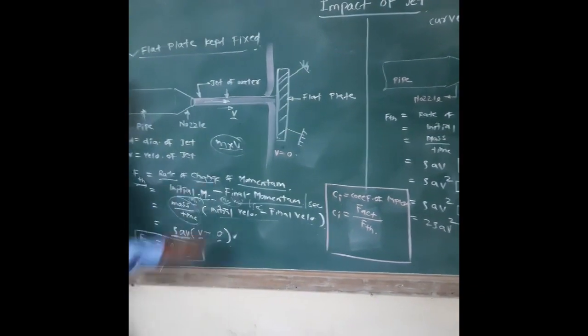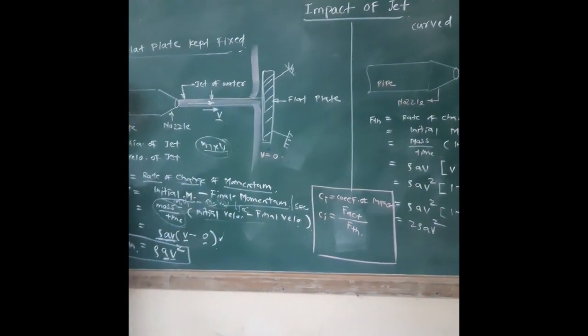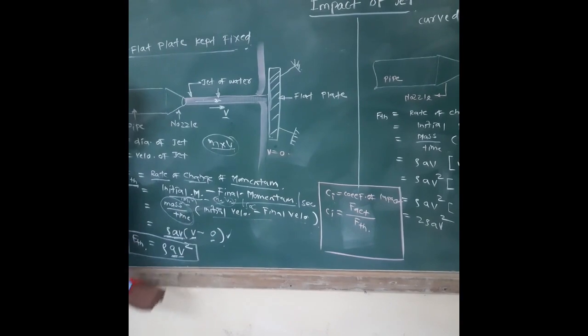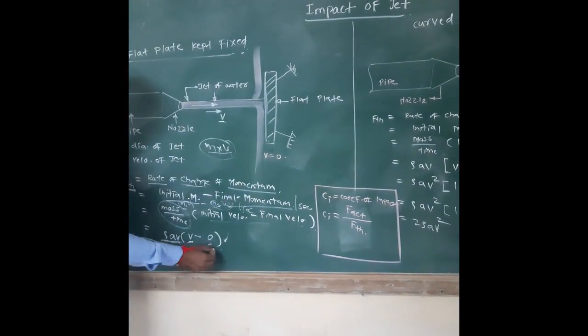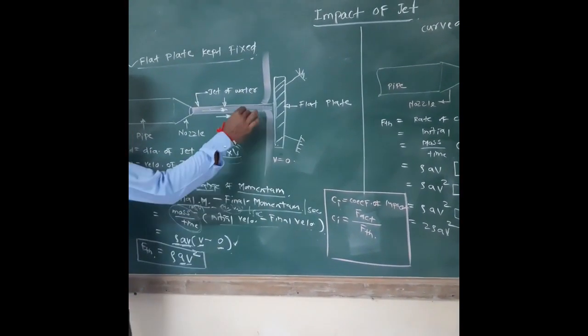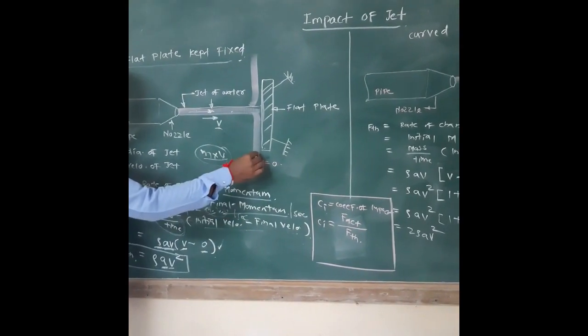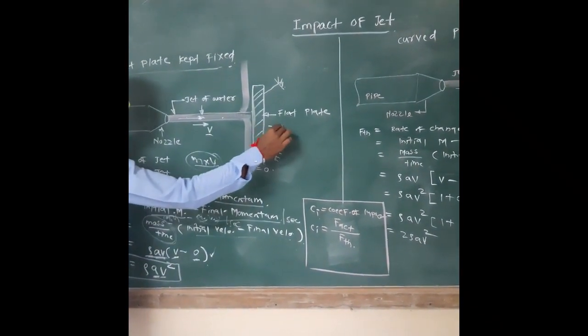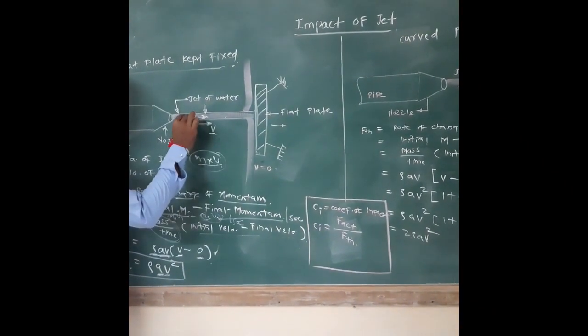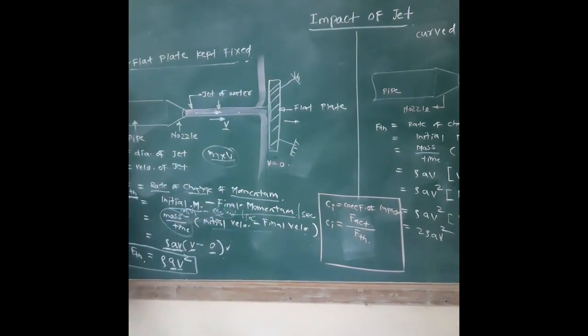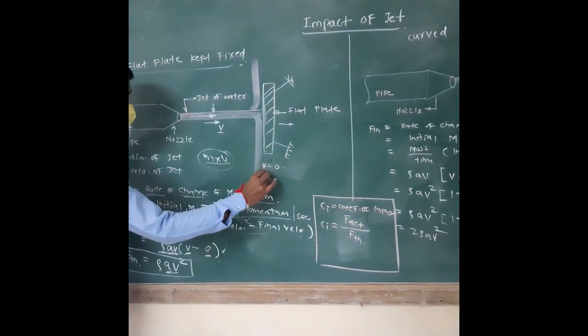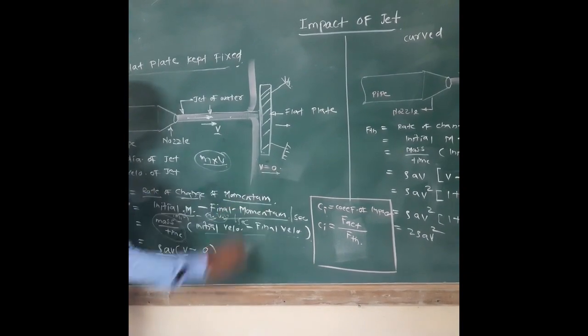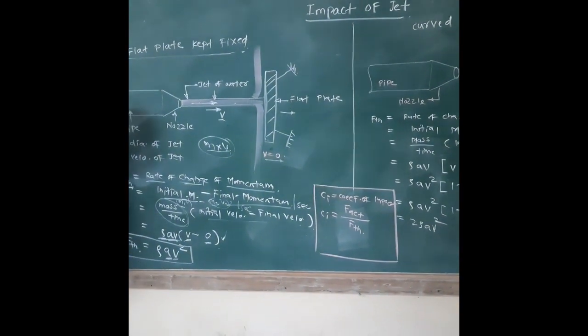This v is the velocity of the jet of water, and the other v is also the velocity of the jet. We have taken final velocity as 0 because after striking, the velocity component of the jet in the horizontal direction, in which it is striking, becomes 0. This is the equation we get here.